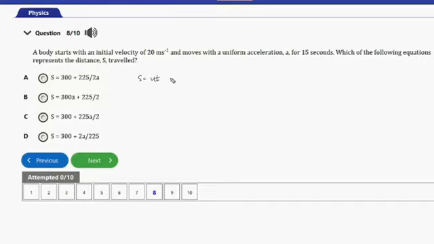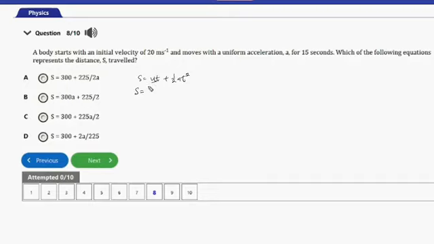In this situation, a is the acceleration and no value is assigned to it, so it still remains a. The s is the one we are looking for here. Other values are given, like u is 20 meters per second and t is 15 seconds.